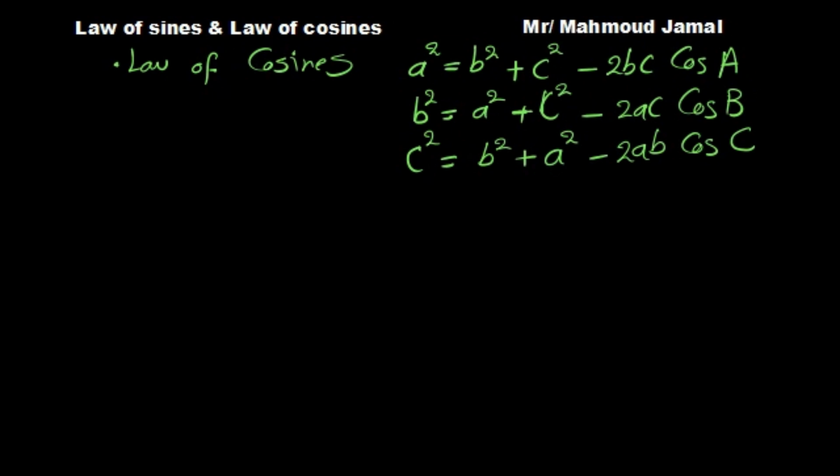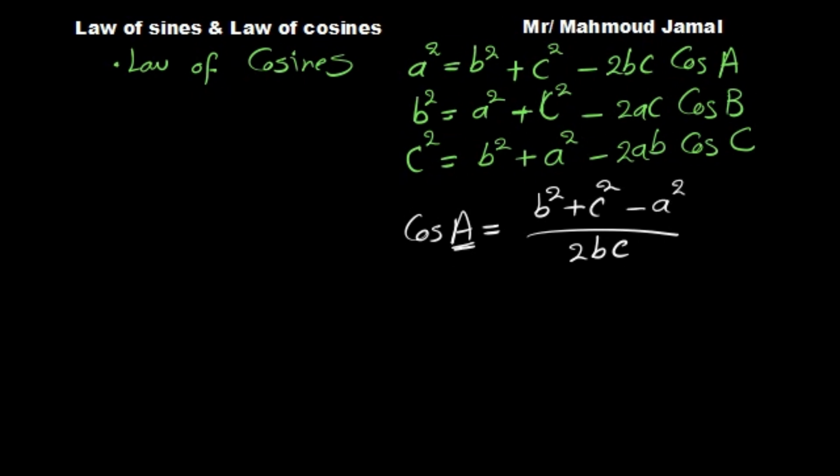And by using the same rules, we can start with cosine. If you want to find the angle, cosine A equals, down, 2BC. This is A, so the denominator has 2 times the other two sides, and up has to be B squared plus C squared minus A squared.